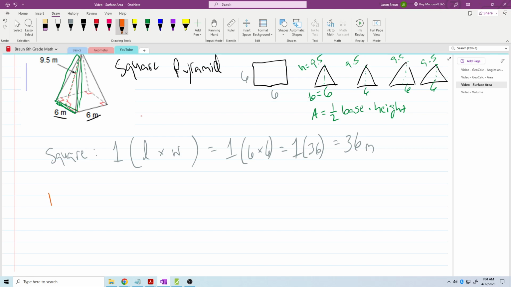So I'll do triangle, just like I did before with my square. Build out my partial equation here. I know I have four of them. And the 2D area of a triangle itself, as I said, is that. So inside of here, I'm going to write 1/2 times base times height.